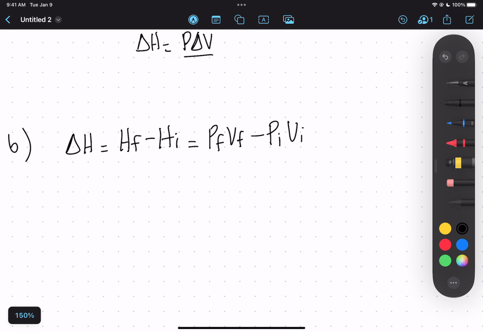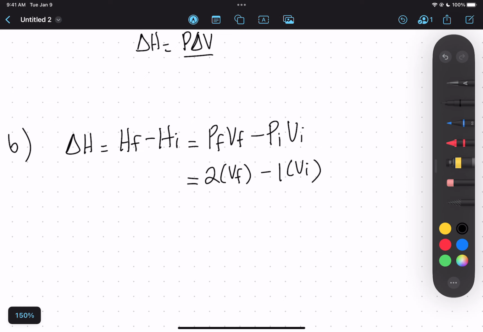Well, in that case, your pressure isn't constant, right? Because we already said that it's going to halve from 2 atmospheres to 1 atmosphere. So this is 2, this is 1, right? We have a V_F and a V_I here.